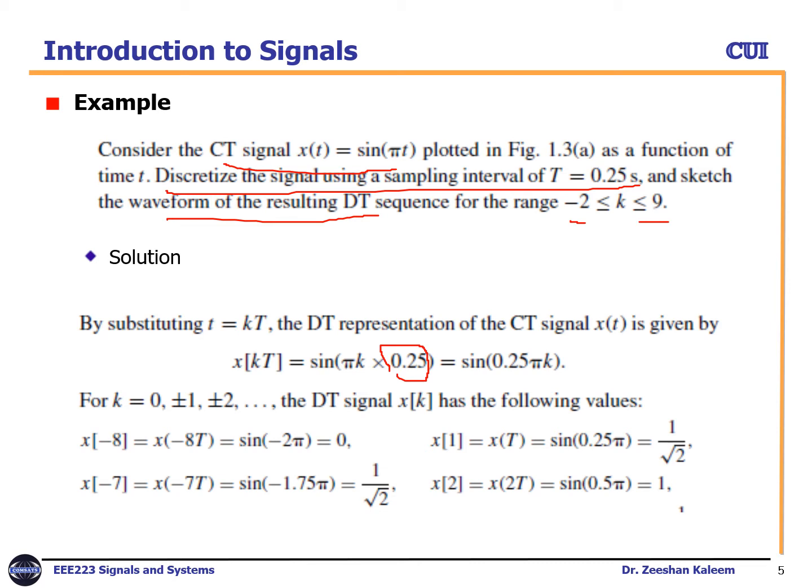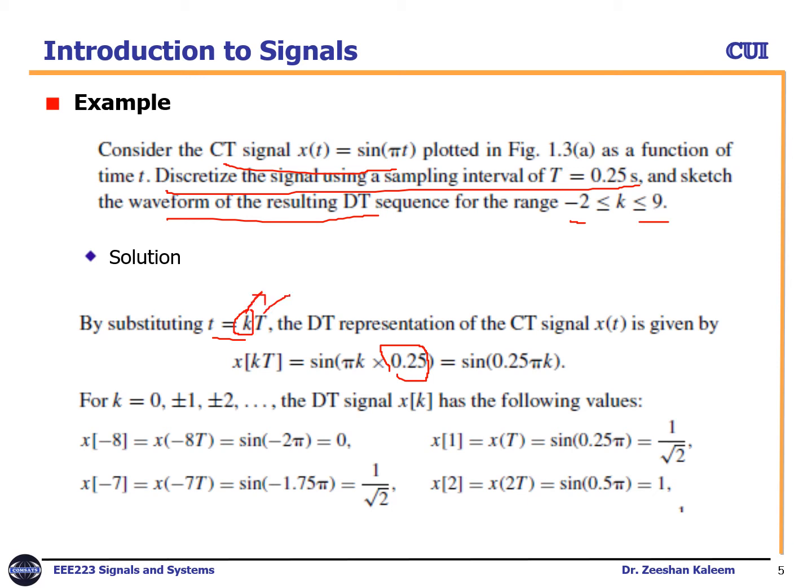So by substituting t equals kT, because this is discrete time, t is replaced by k times the sampling time. Why sampling time? Because we need to sample at some time instant, so that is fixed, 0.25 second, the sampling period, and k represents the exact time at which the sample is taken.